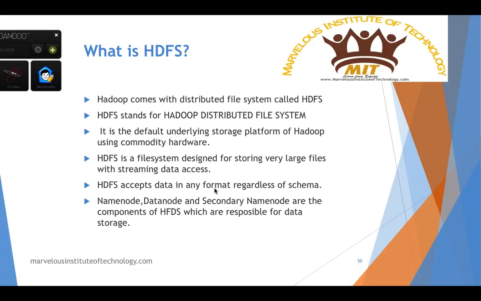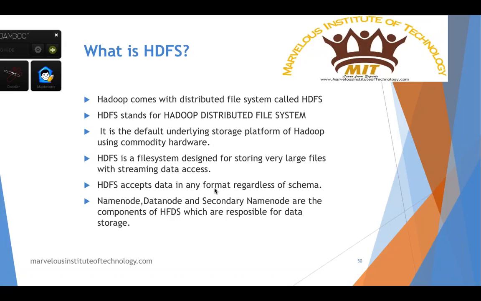Even though the underlying local file system uses 4 KB blocks, when I refer to the HDFS block, it is a combination of the smaller blocks made into a bigger block, where seek time is reduced and transfer rate is improved, and you can process a single block at a time with one processor. But with the local file system, small blocks will be there, and each block will be processed by one processor. It will take more time.